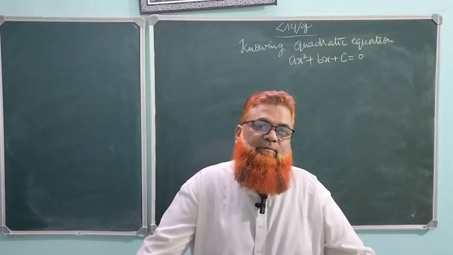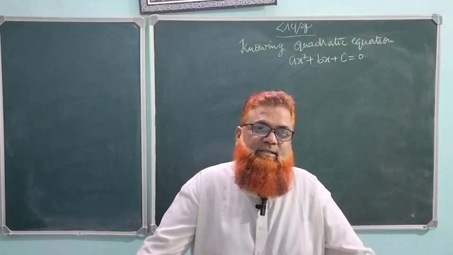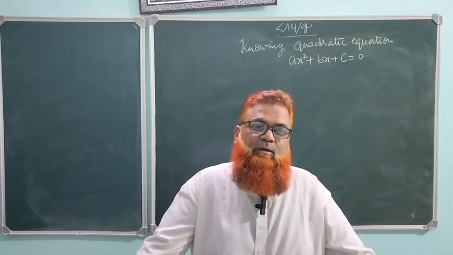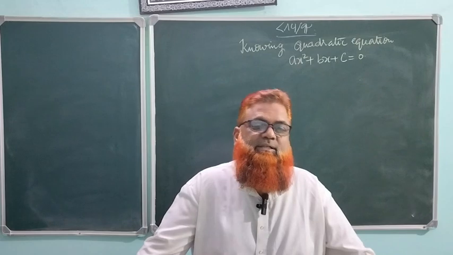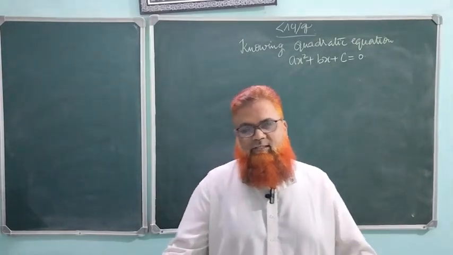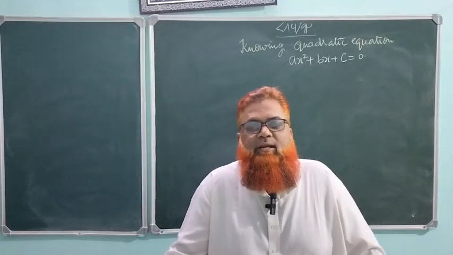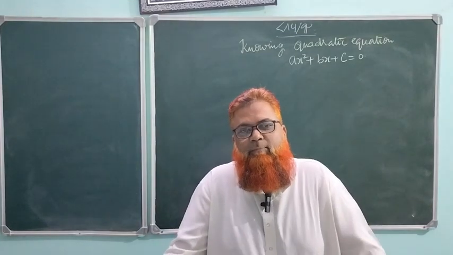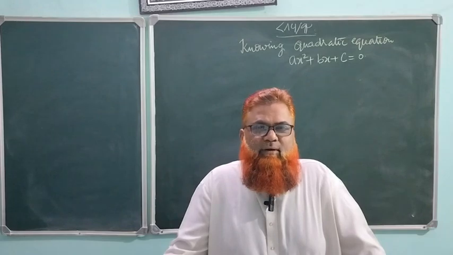As you know, in my previous video I started a series on the quadratic equation, its introduction. In that video I discussed some important points related to the quadratic equation. What is a quadratic equation?